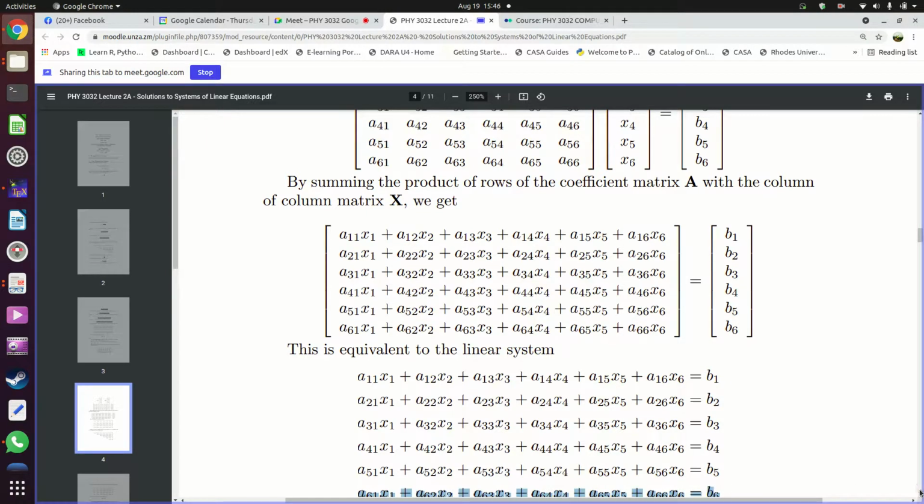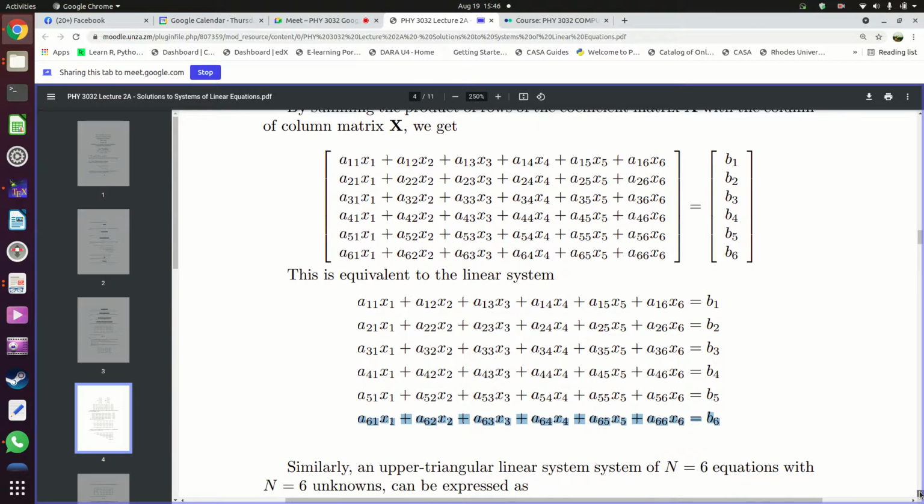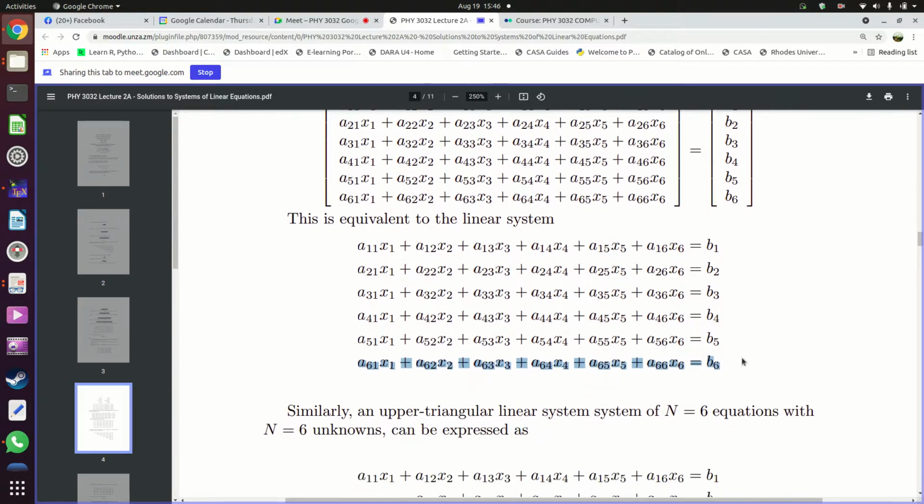So you see that at the end of the day, we have recovered what we had. Is it clear that we have come back to what we started with?